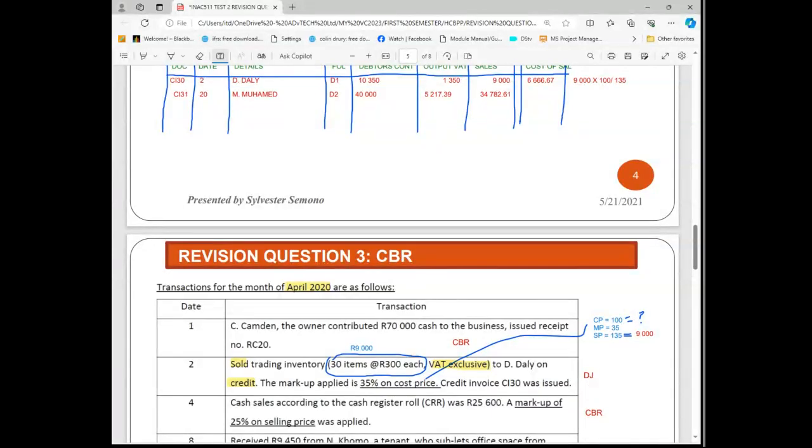Then we're going to take the 34,782 multiply by 100 over 135.